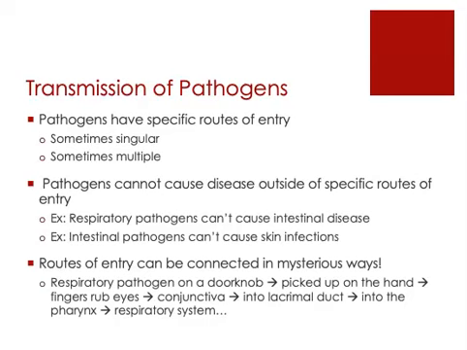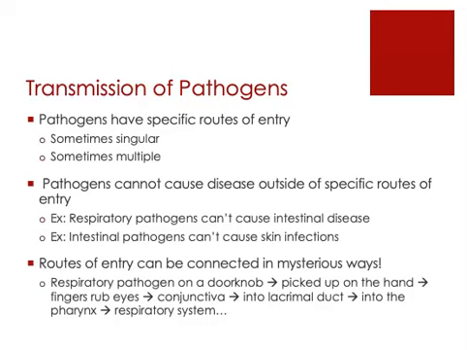So pathogens cannot cause disease outside of those tissues, outside of that route of entry, in other words. For example, a respiratory pathogen cannot cause intestinal disease. Now, yes, there are some pathogens that are capable of causing both respiratory disease and intestinal disease.